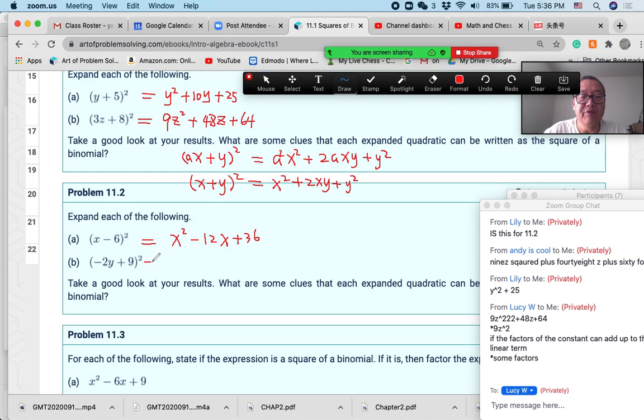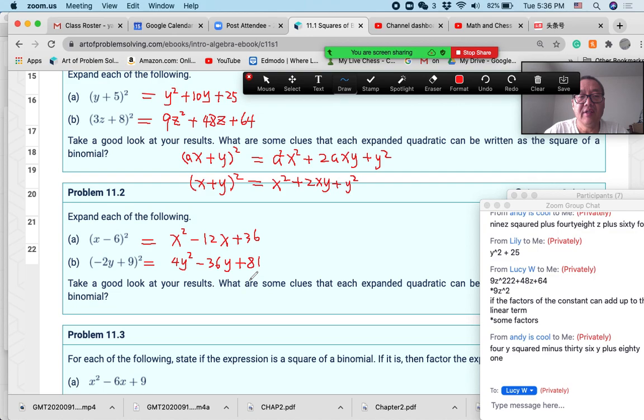Then now let's move to B. If you expand this one, see what you got. You got 4y squared minus 36y, then plus 81. Okay?